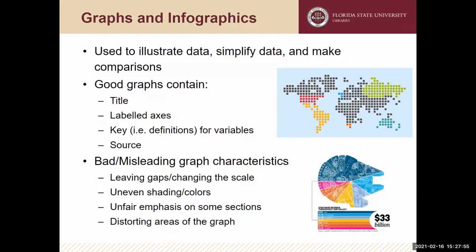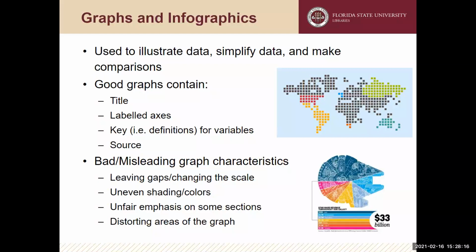If we think about misleading graphs, if we've seen some of those before, a graph may leave gaps or change the scale, right? It may change or manipulate the axes in some way and not really tell you why it did that.